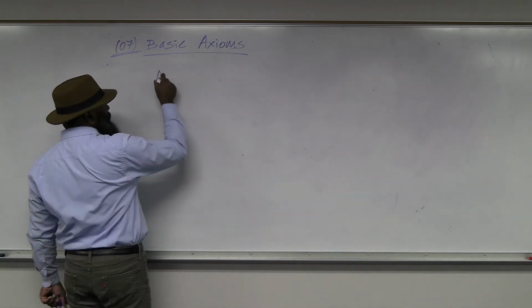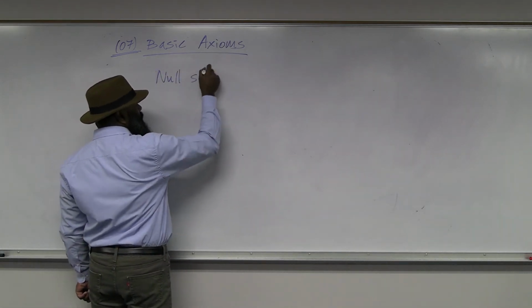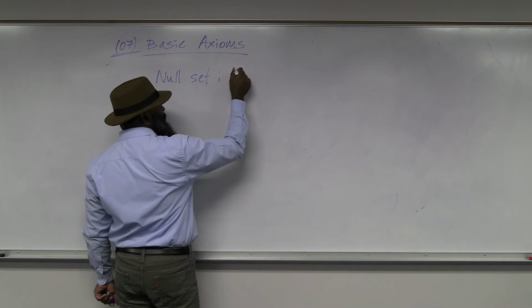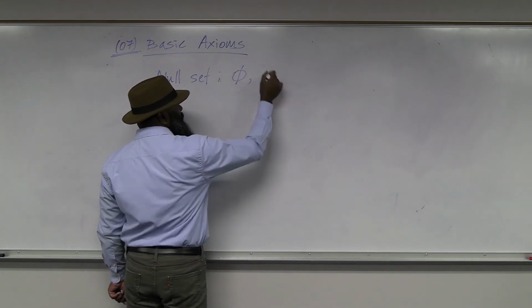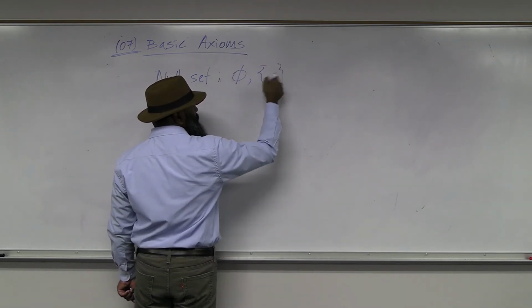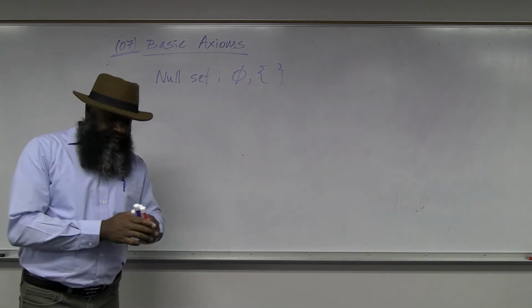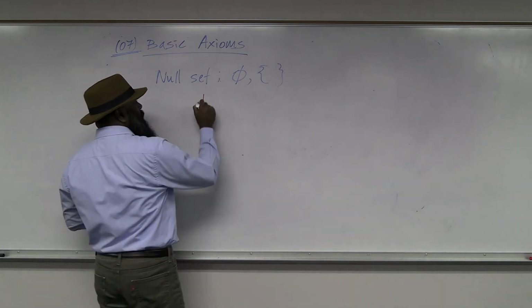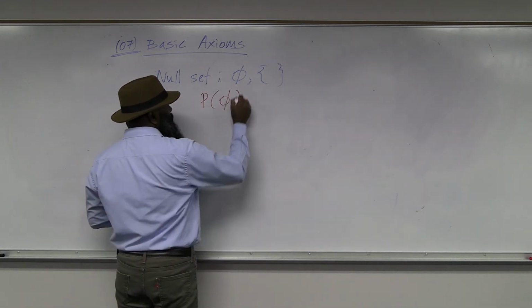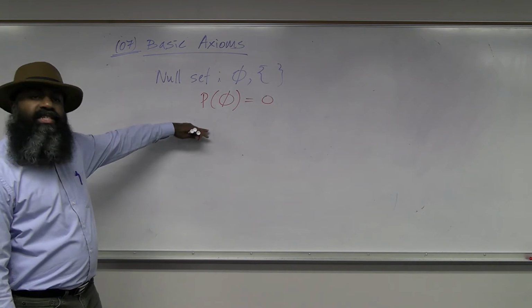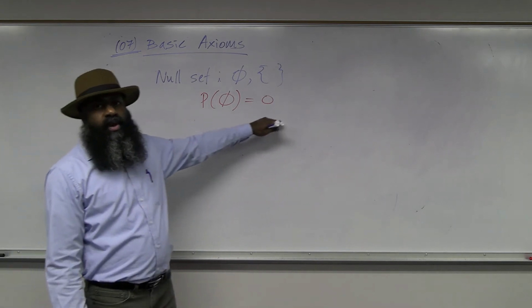This is about the null set. The symbols for the null set are phi, or the curly brackets with no elements inside. So the probability of the null set is equal to 0. That's the first basic axiom, and we don't go for any proof of that.